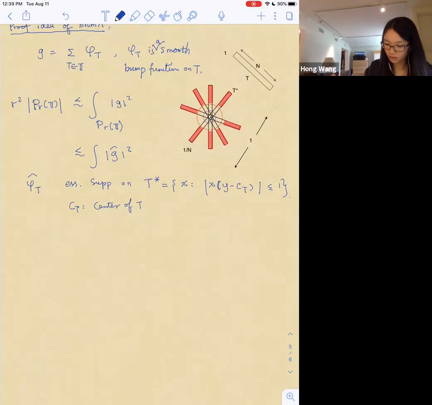So now G hat is essentially supported on the union of those different T stars passing through the origin.